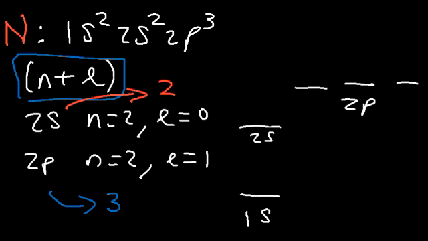That means that the 2p sublevel has more energy than the 2s sublevel. That's why it's higher above it. And typically, in the electron configuration, you write it in order of increasing energy. So 2s has more energy than the 1s sublevel, and the 2p sublevel is higher in energy than the 2s sublevel.